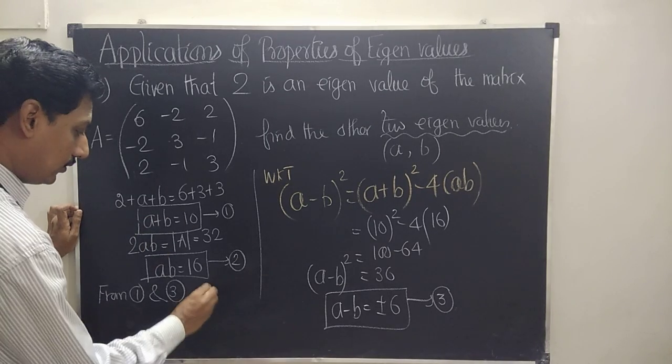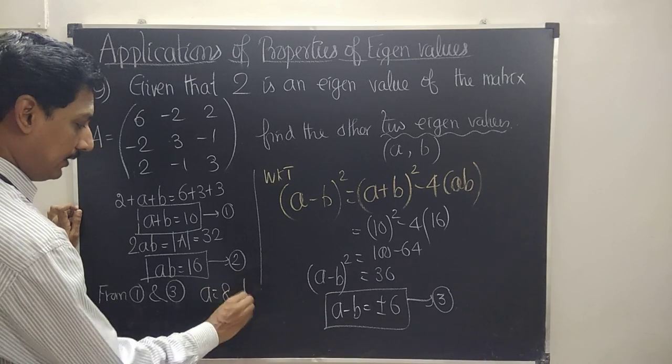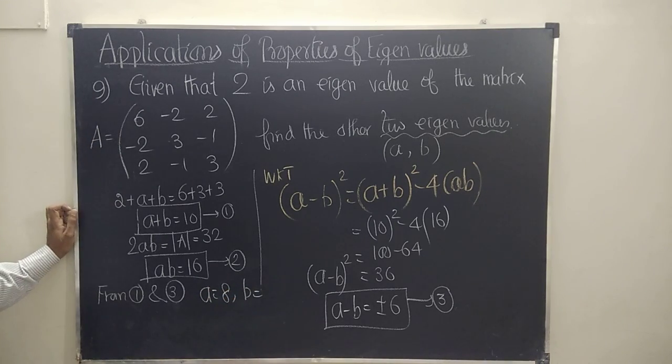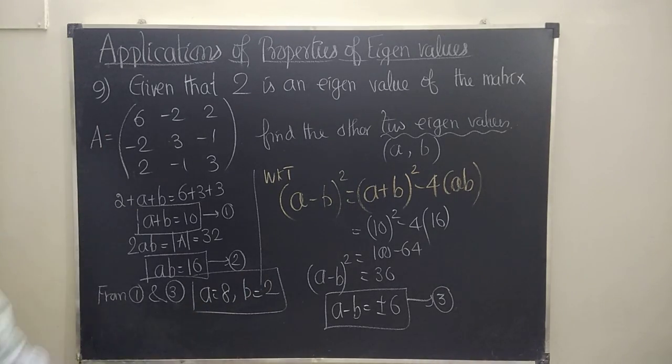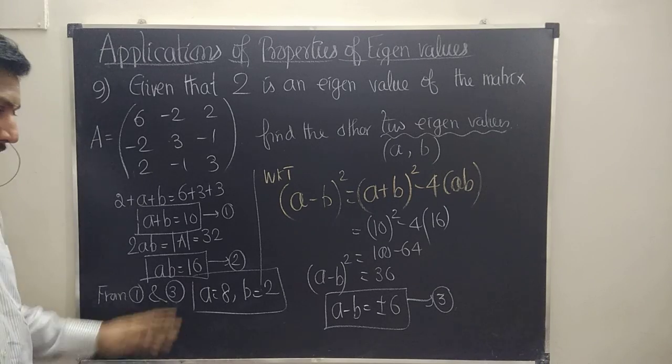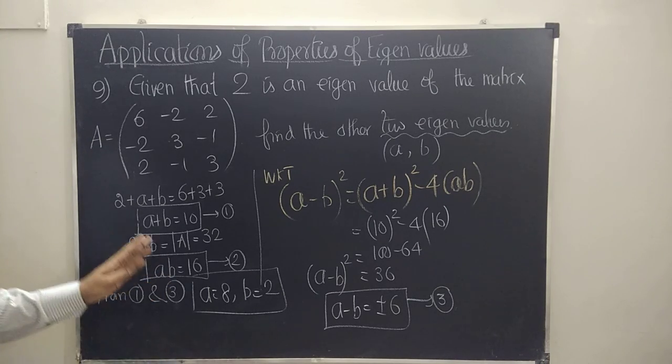So A is equal to 8, and B is equal to 2. Right? A is equal to 8, B is equal to 2. This is the 9th problem by using the properties.